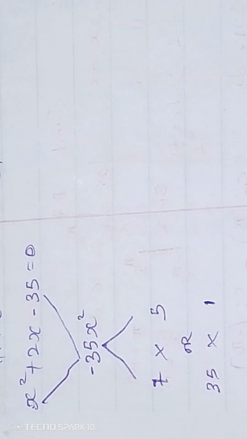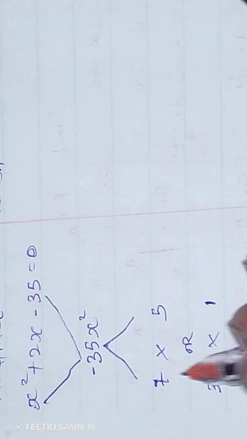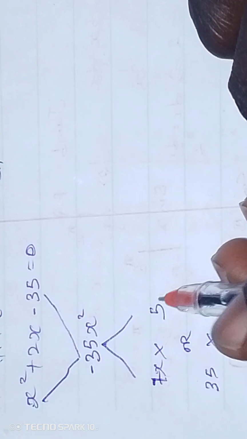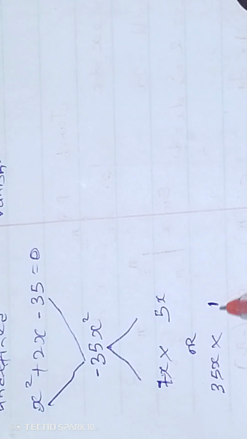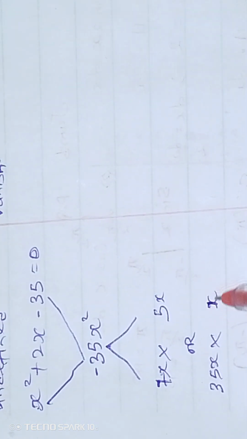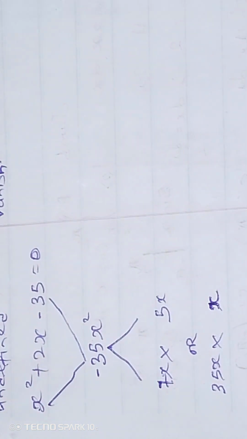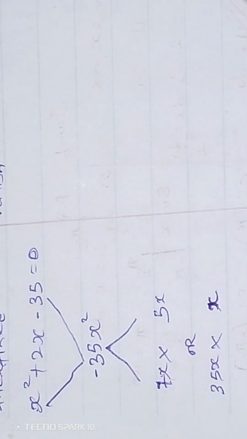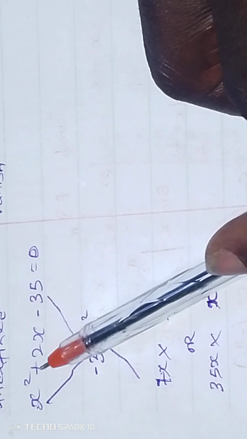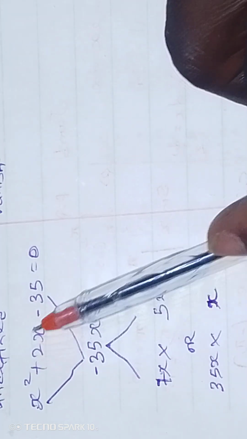Firstly, we need to involve x for the 2x here. 1 times x is 1x. The two factors we are using, when we add them up, should give us plus 2x.